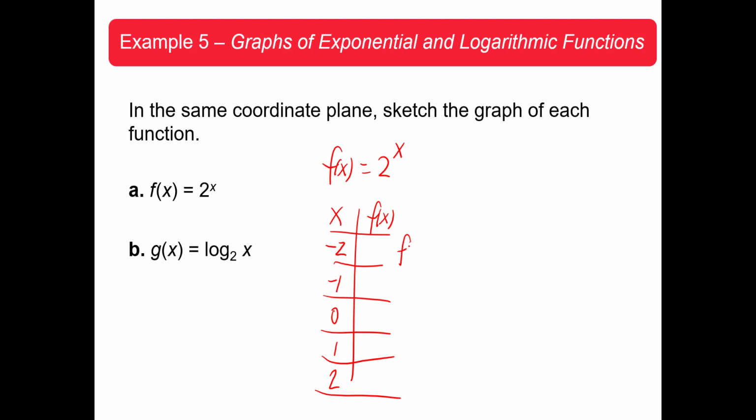So f of -2 equals 2 raised to the -2 power, which is 1 over 2 to the second, a quarter, 0.25. And f of -1 is 2 to the -1 power, so it's 1 over 2 to the first, which is half.